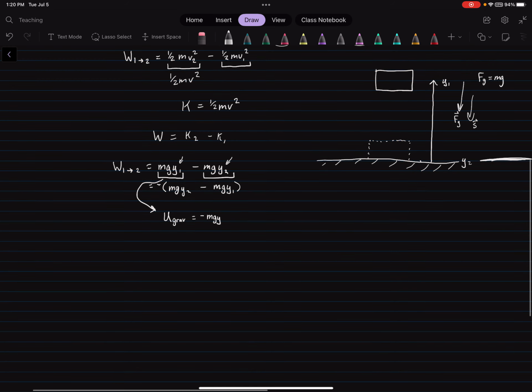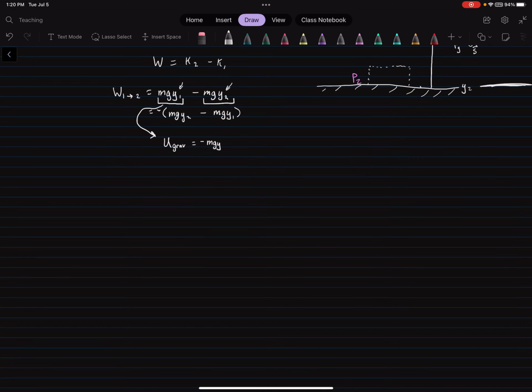We'll call this point 1 and this point 2, and you can analyze the total energy at point 1 and point 2 and set those equal to each other, in an isolated system at least. So we can have the kinetic energy at point 1 plus the potential energy at point 1 set equal to the kinetic energy at point 2 plus the potential energy at point 2.